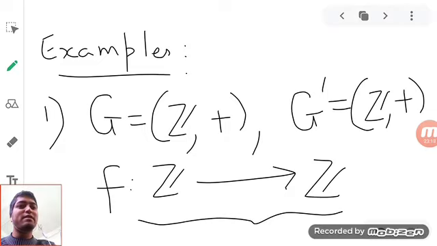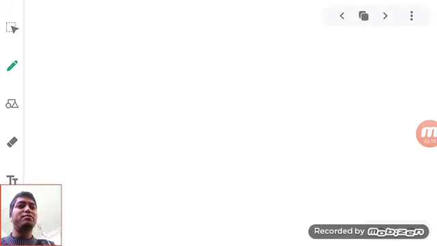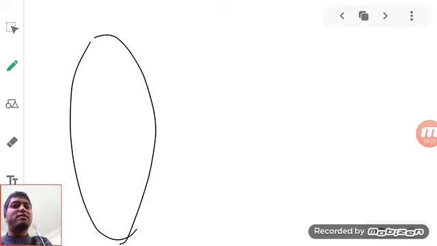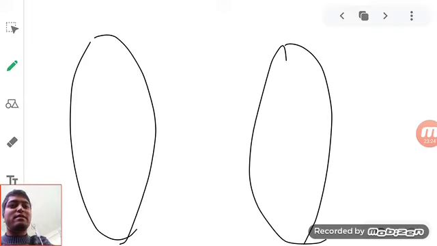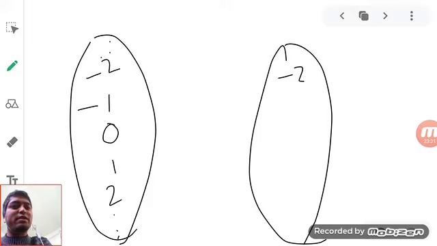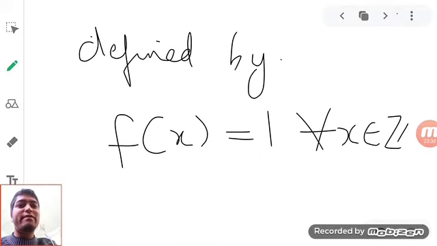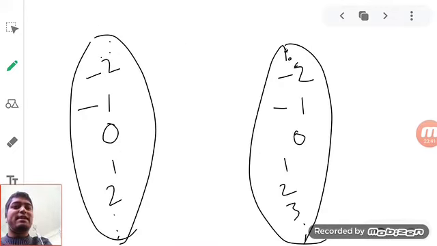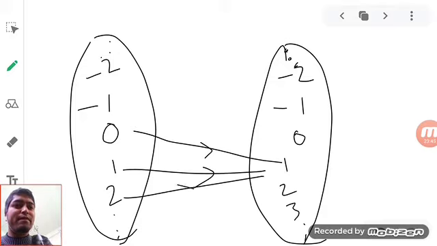F from Z to Z, all elements go to 1. So this one is the set Z. These are the integers, minus 1, minus 2, 1, 2, and so on. Similarly, over here we have the set of integers, all integers 1, 2, 3, and so on. What we are doing with this function, f(x) equal to 1 for all x, that is, all elements go to 1.